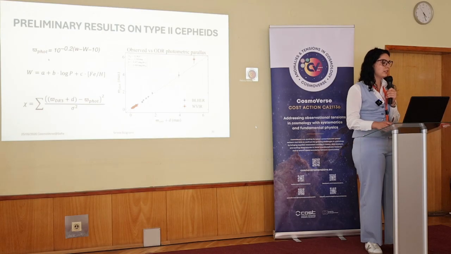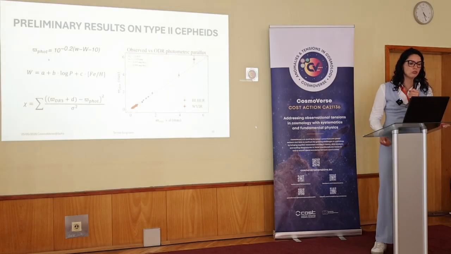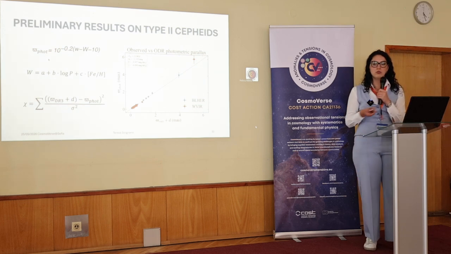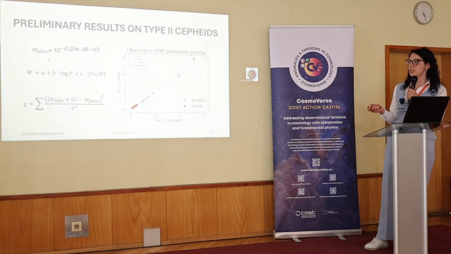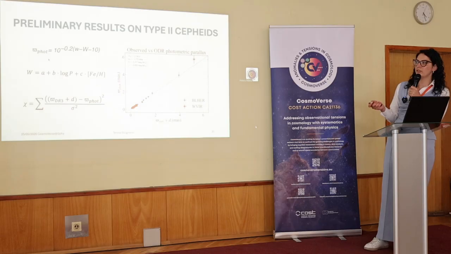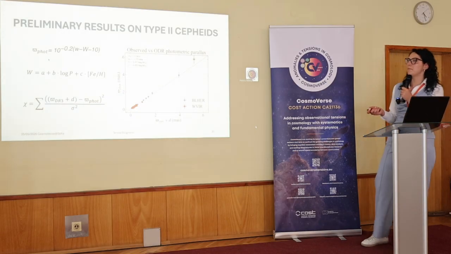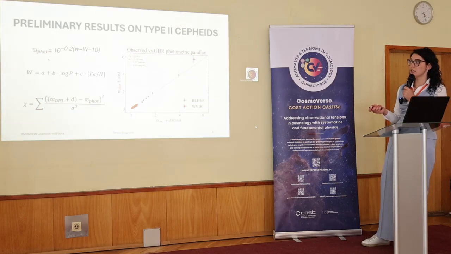Then, as we had seen, as Louise was showing, and as we have seen this morning, we can do a chi-square minimization to search not only for alpha and beta, but also for the gamma term for type 2 Cepheids.